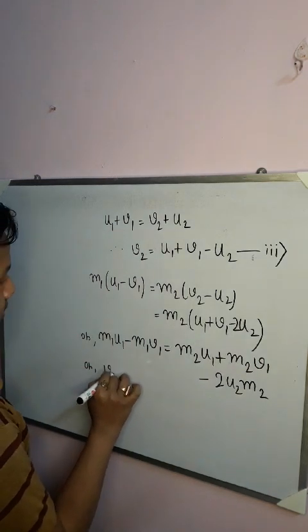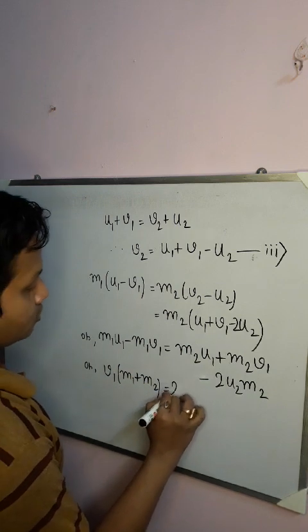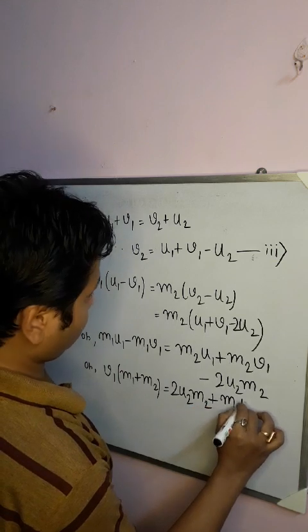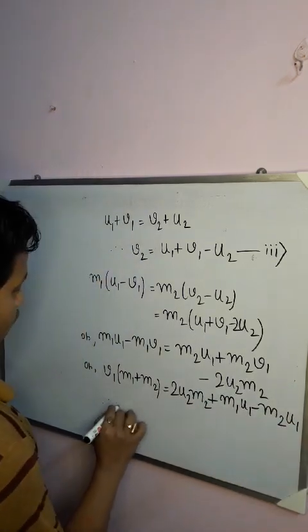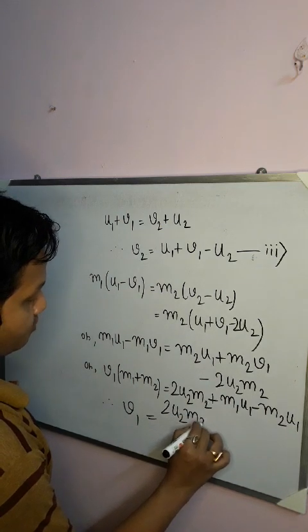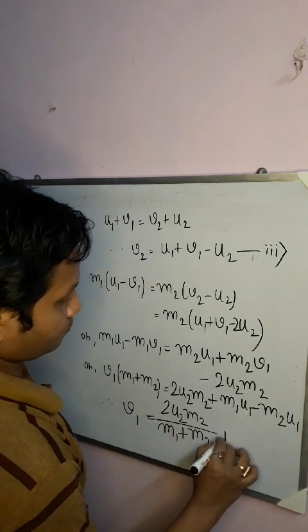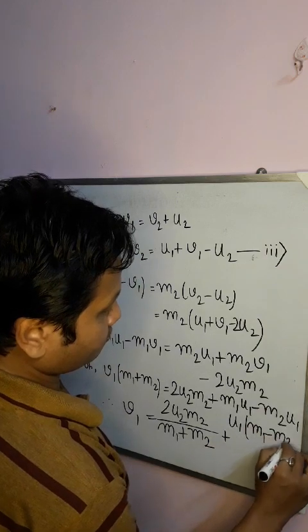If we take v1 common, then simply m1 plus m2 equals 2u2 m2 plus m1 u1 minus m2 u1.